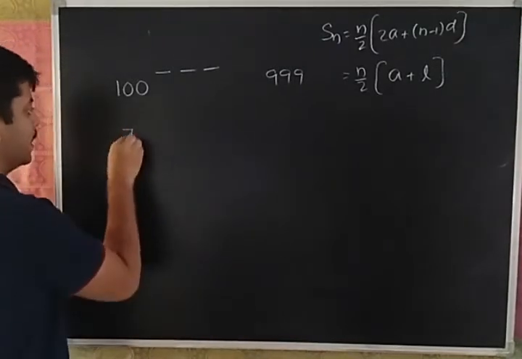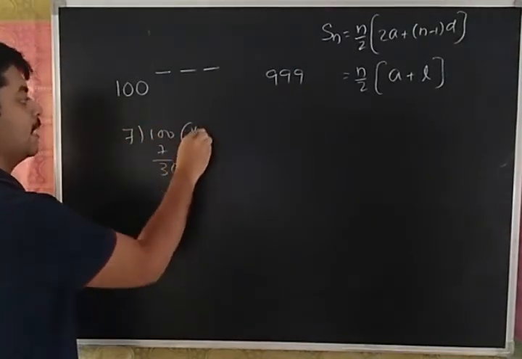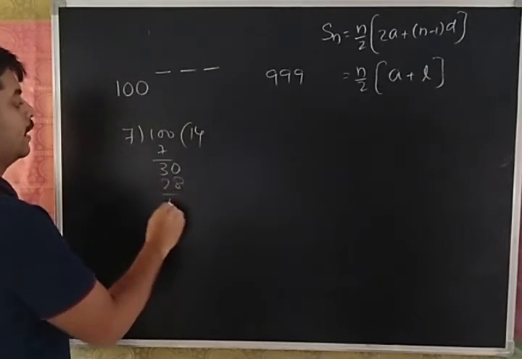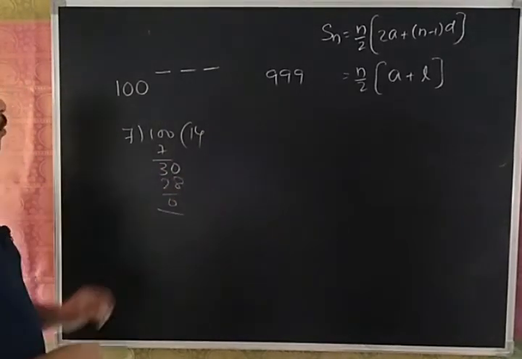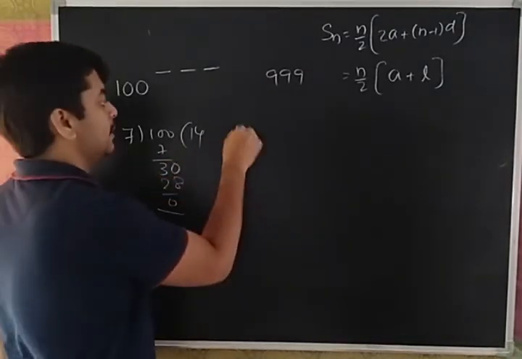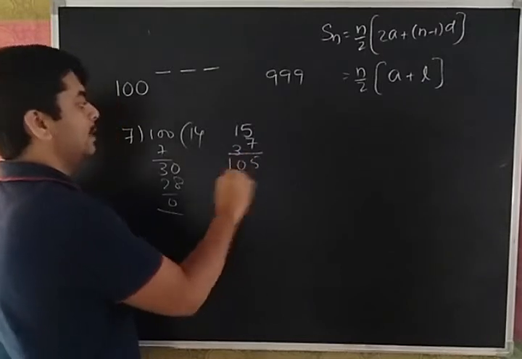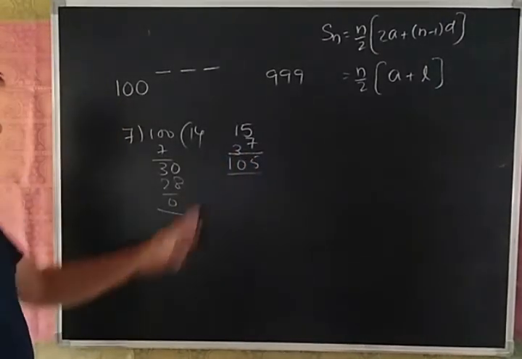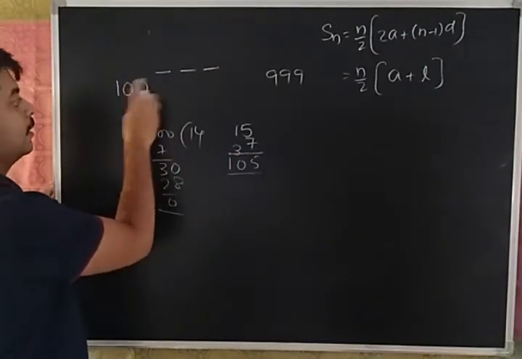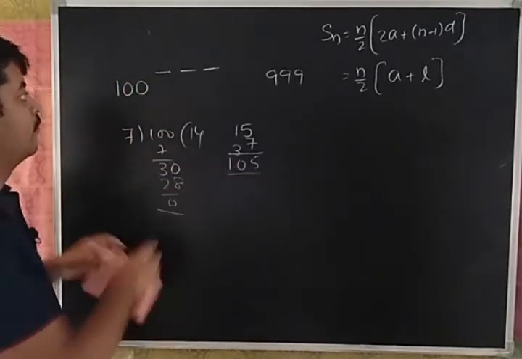Let us check. 7 times 14 is 98, so no, it is not divisible. Let us go for the next one, 15. 7 times 15 is 105. So the first element among the 3-digit numbers is 105.